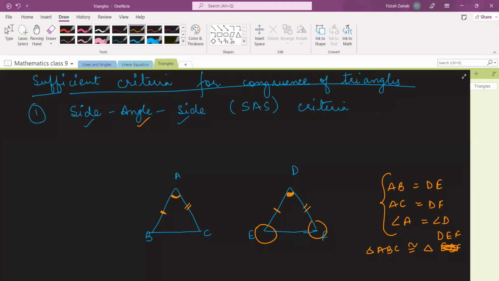Is this understood? Okay, so you just write down about this criteria.